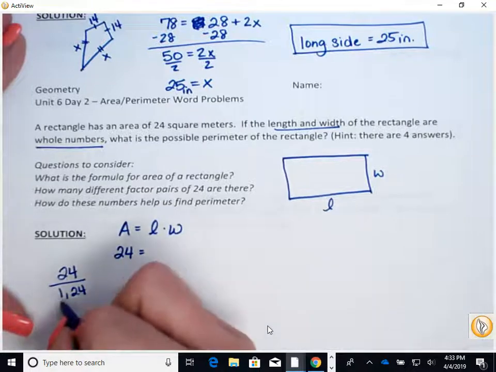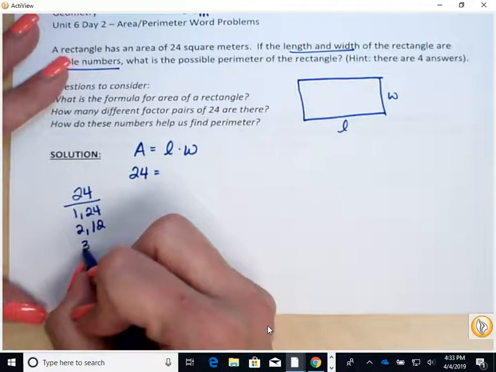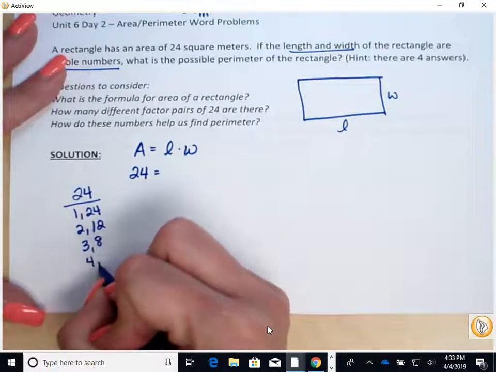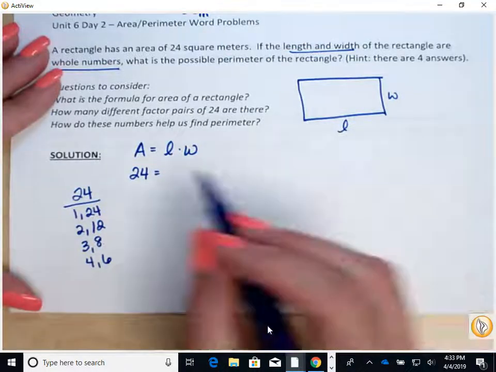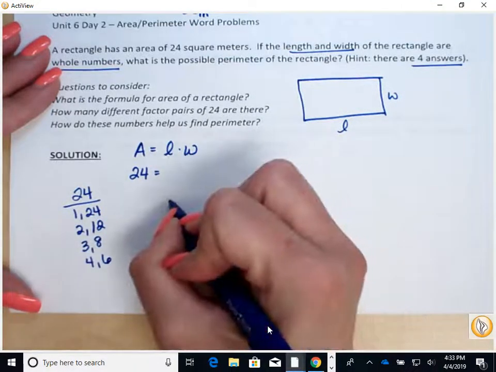We got 2 times 12. 3 times 8. And 4 times 6. Those are my only whole numbers that will multiply to give me 24. So guess what? Those are my lengths and my widths for all of these. Okay, so they said there's 4 answers. 1, 2, 3, 4. So these are my possible lengths and widths.